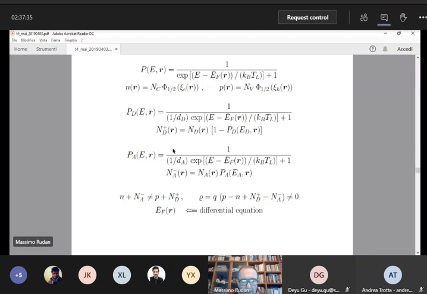But the donor atoms cannot follow because they are fixed. So at the original position of the donor atoms, there will be a net positive charge due to the donor atoms, because this charge is not compensated anymore by the 10 electrons, because the 10 electrons have moved away, okay? So there will be a distribution of charge that is unbalanced in the semiconductor, okay?